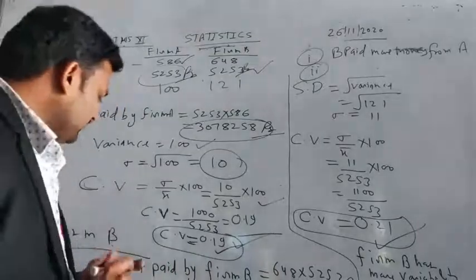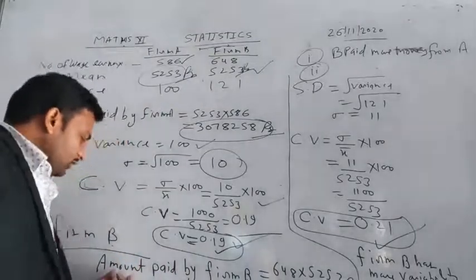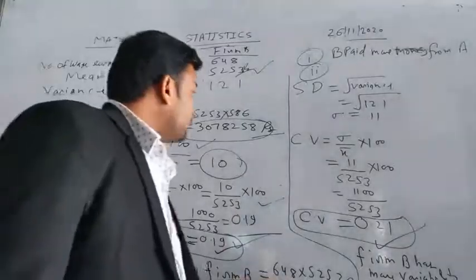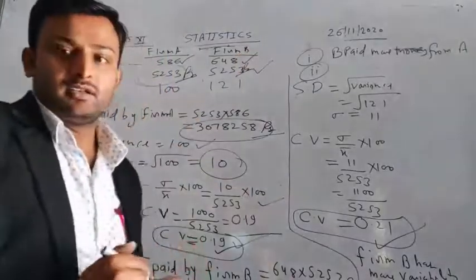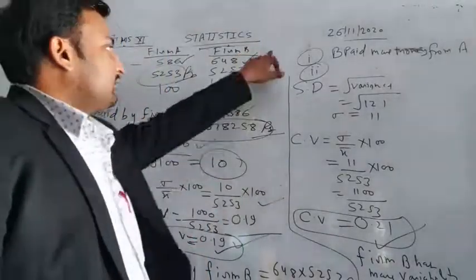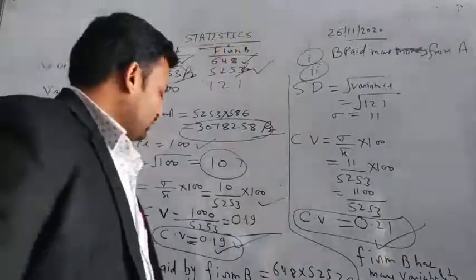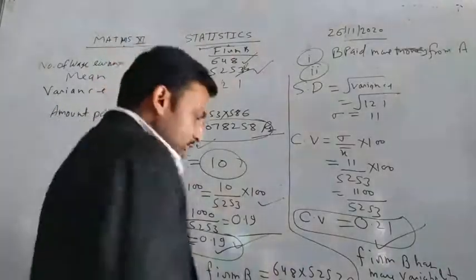Now similarly we will find the amount paid by firm B. The number of workers in firm B is this, and the average money paid monthly by firm B is 5253. So the total money paid by firm B is what we have to find out.